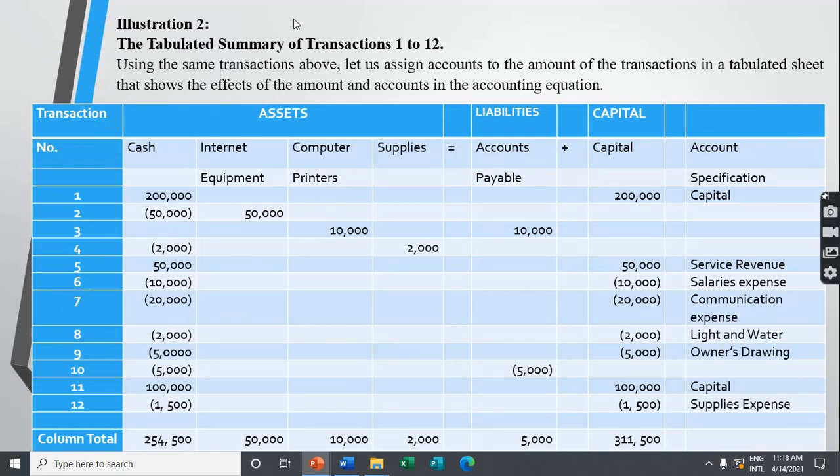So, using the transactions above, yung transaction na binasa natin, yung in-analyze natin kanina is let us assign accounts to the amount of the transactions in a tabulated sheet that shows the effects of the amount and accounts in the accounting equation. So, ang accounting equation natin is asset is equal to liabilities plus capital, di ba?